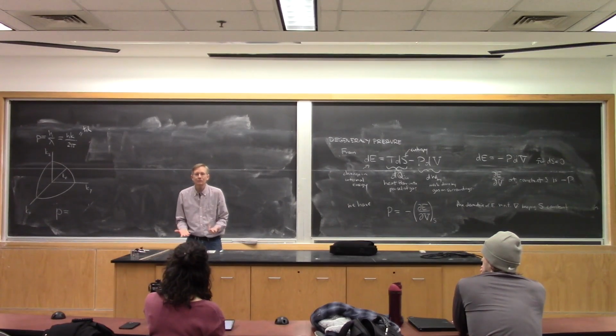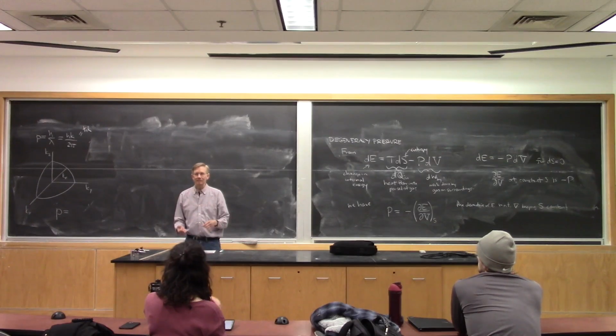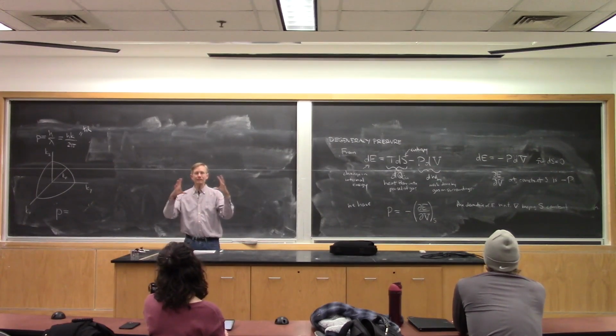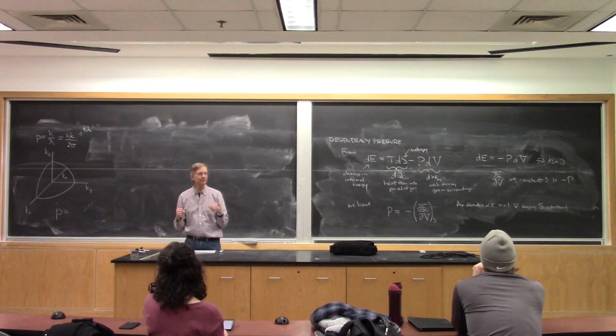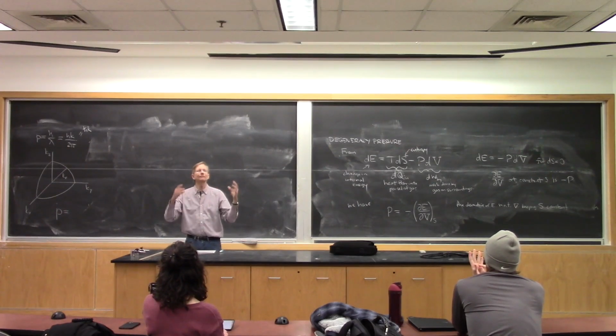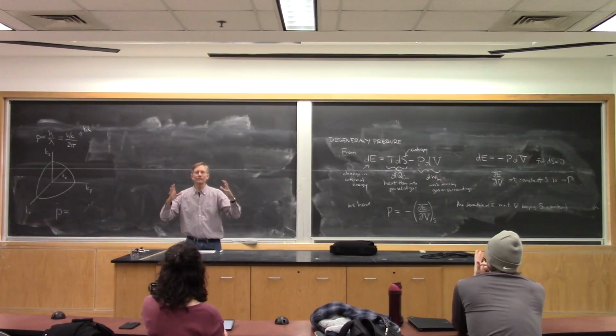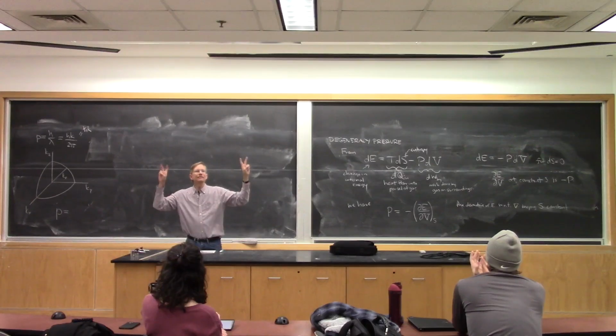So constant entropy means keep it that way. As I change the volume of the box, I want to keep it so that there's still only one way to arrange the particles. In other words, we want to keep them all in the overall ground state as we shrink the box. So all the particles stay in the same state.